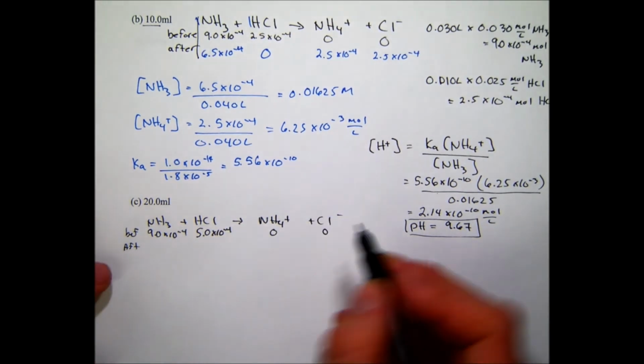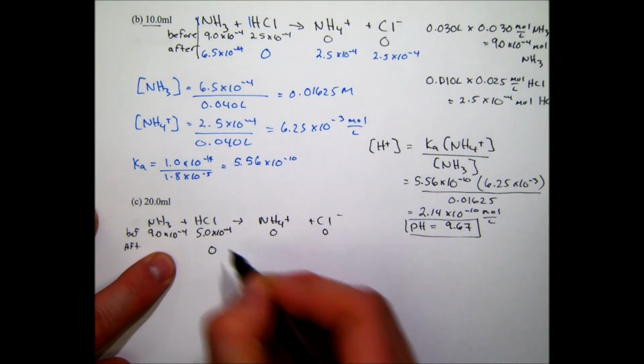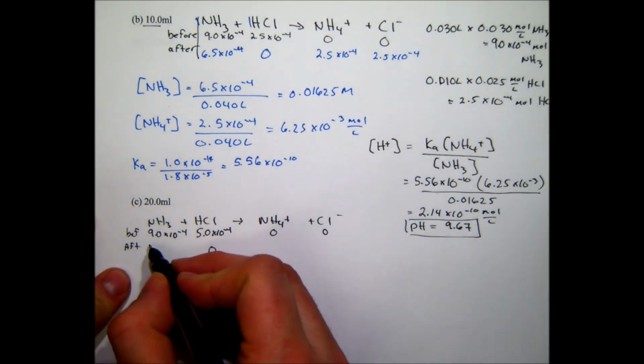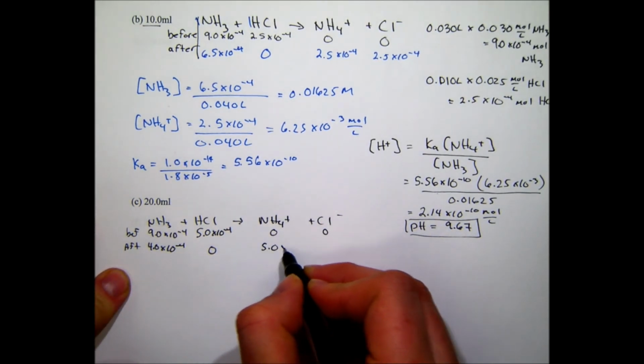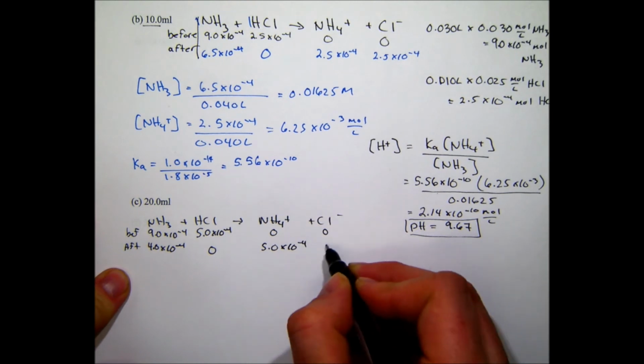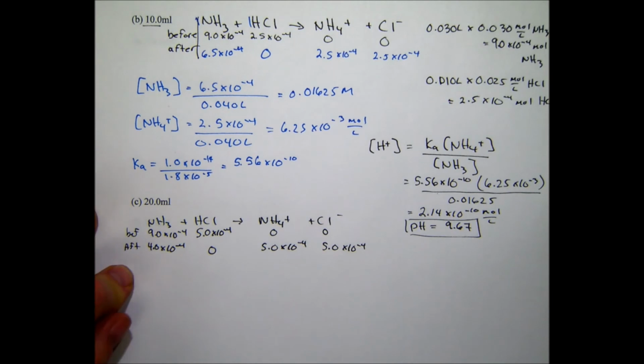Assuming we have none of this, look at it. This one is smaller, so it's the limiting reactant. I will have none of that left. It'll be 5 times 10 to the negative 4 on both sides.